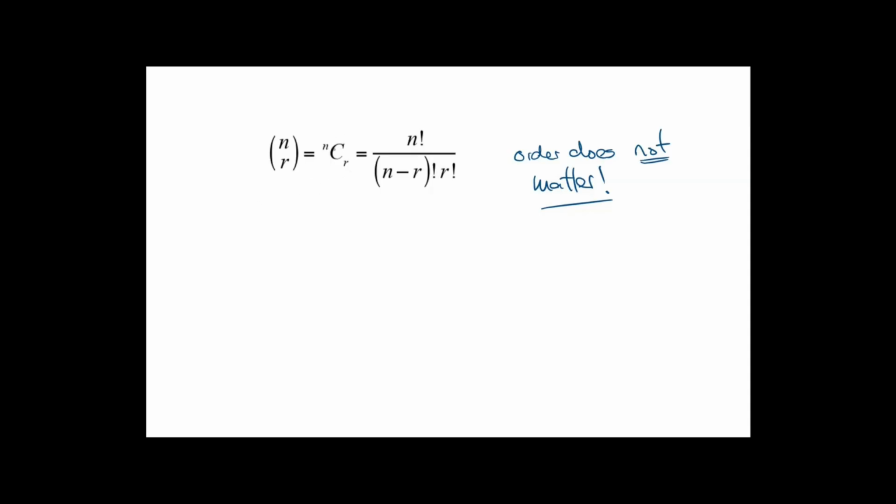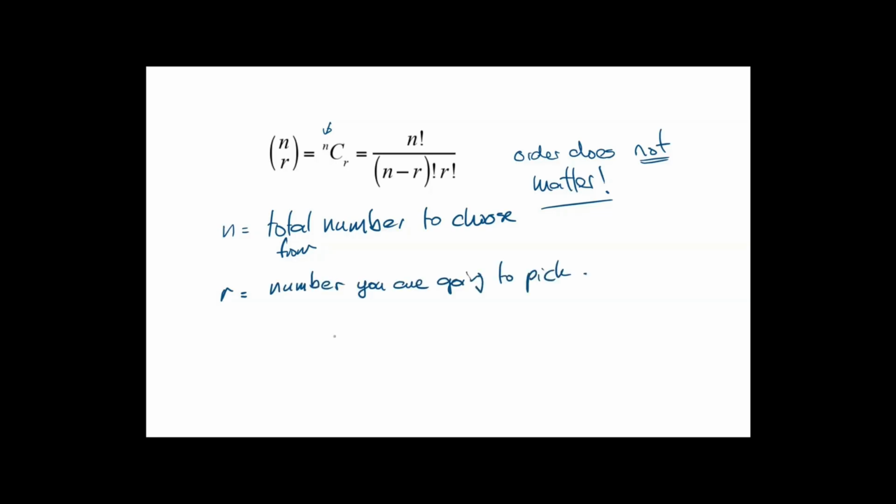NCR, you would say this, N choose R. N is the total number to choose from in the group, and R is the number that you are going to pick. And remember, there is no replacement. So once you pick one of them, you can't pick it again.